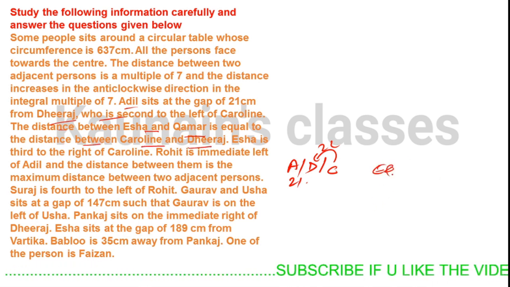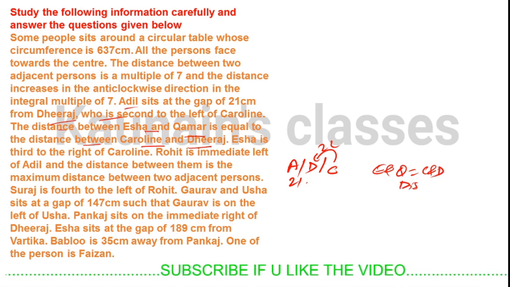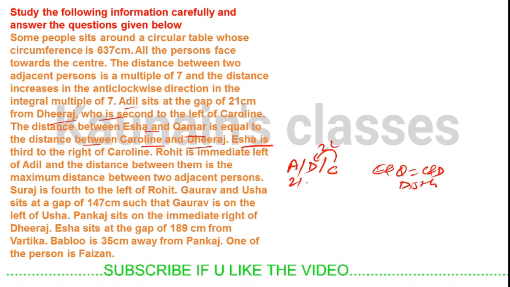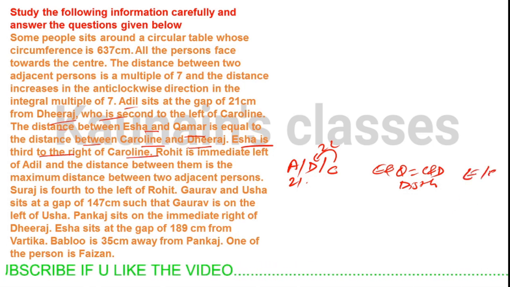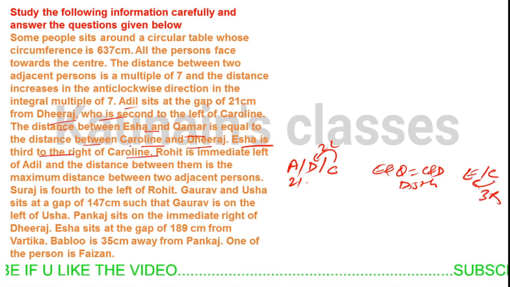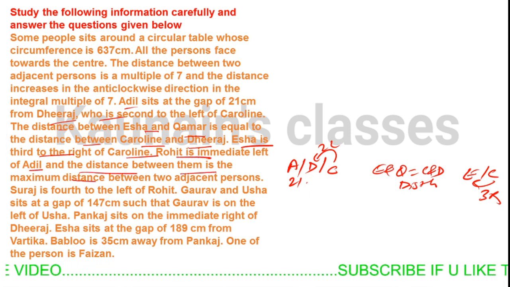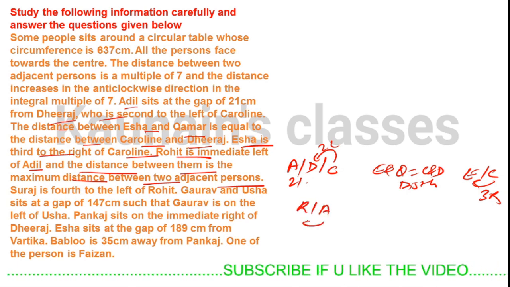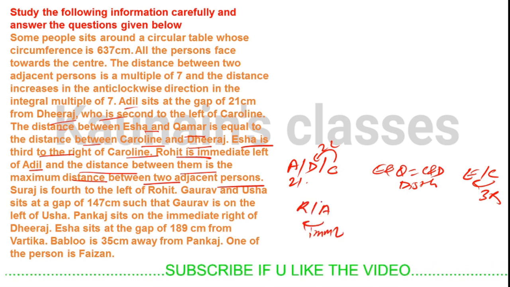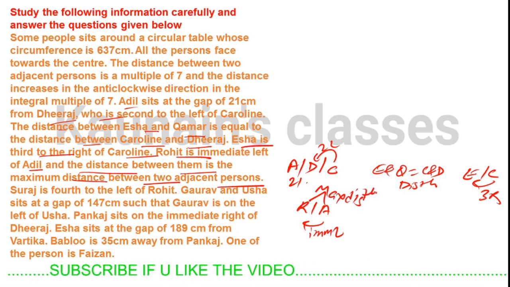Isha is third to the right of Caroline. Rohit is immediate left of Adil, and the distance between them is the maximum distance between two adjacent persons.